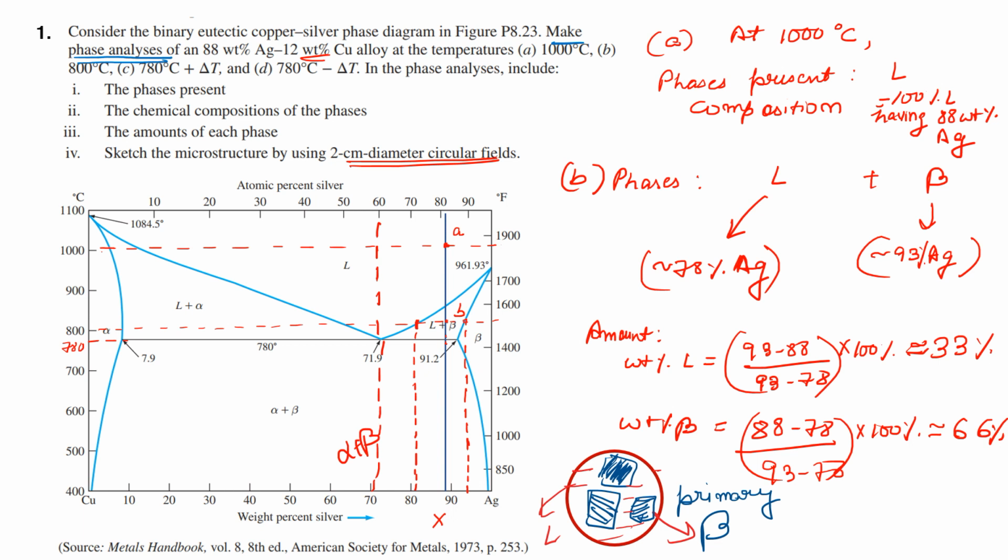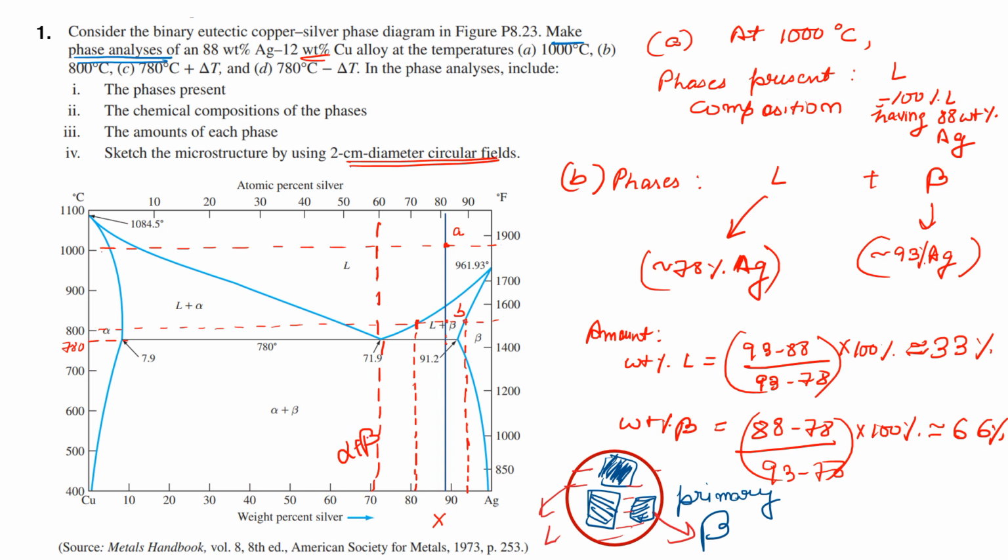So that's the way of calculating the total weight percent of alpha plus beta, and of course we know the total weight percent of beta, which is in the eutectic pro-eutectic form. So if we deduct the total amount of alpha existing minus the alpha plus beta that is basically forming after the eutectic point, what we'll be having instead will be the amount of alpha or amount of beta.